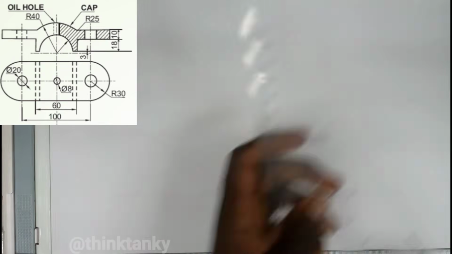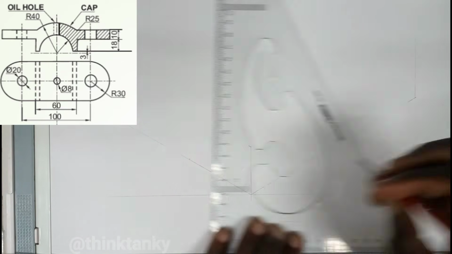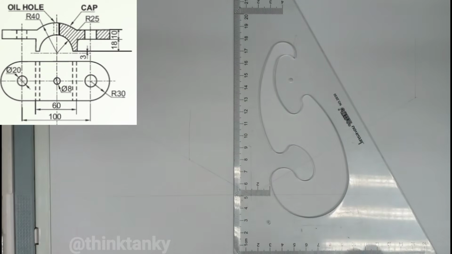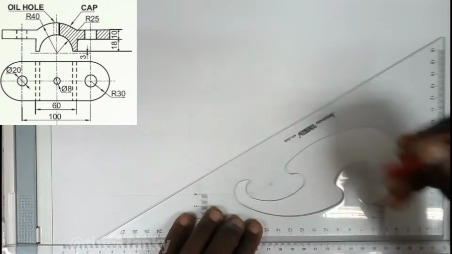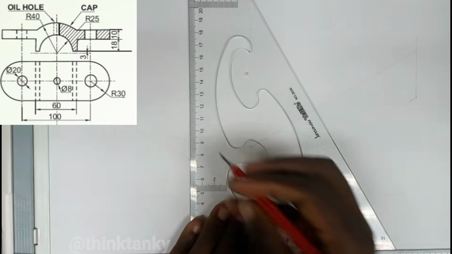Now I draw an isometric box. This is an isometric box.